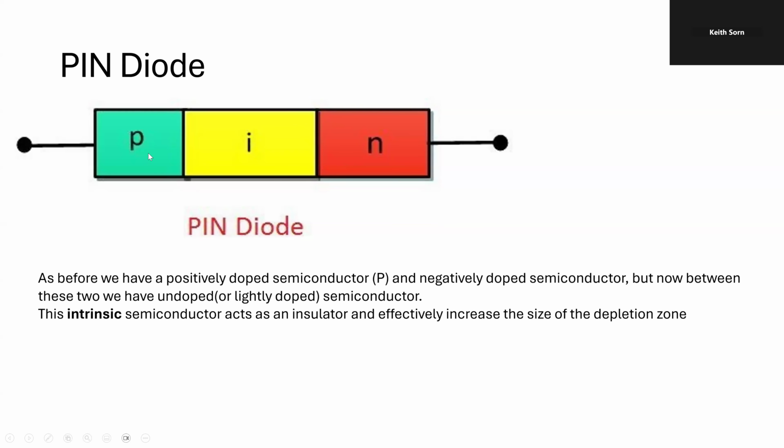What we do is we still have our P doped region, our N doped region, but we have an intrinsic region, which is a semiconductor that's not doped. There are no charge carriers here. The intrinsic zone is going to act as an insulator. It effectively increases the size of the depletion zone.